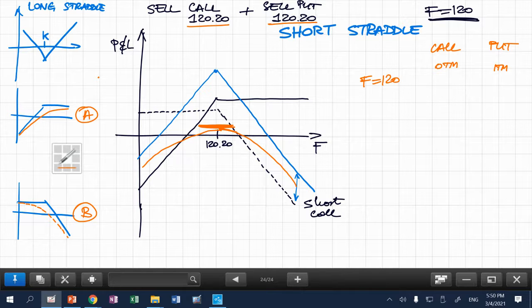So if you think about the overall delta, the put can have, say, a delta of minus 0.55, so slightly larger in absolute value than minus 0.5, which is multiplied by minus 1 because you sell. For the call option, you have a delta which is smaller than 0.5, say you have 0.45, for instance, multiplied by minus 1. Overall, do you have a positive or a negative delta? Overall, you have a positive delta, okay?